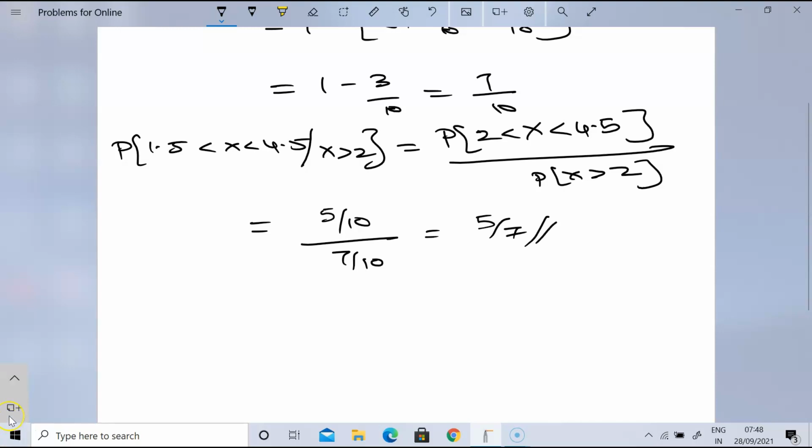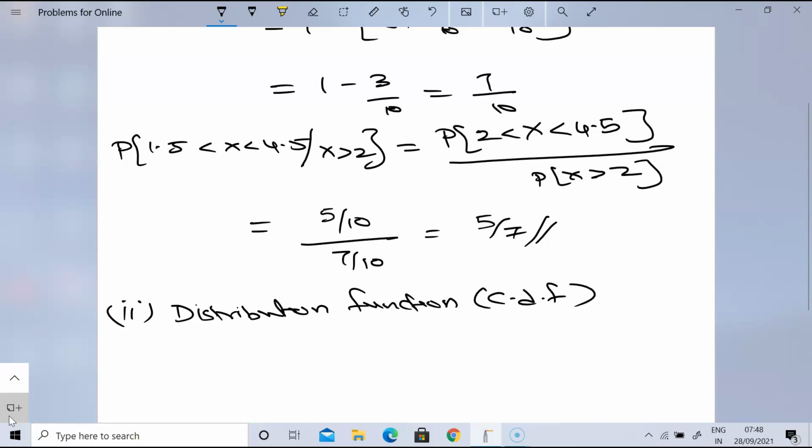And the next, the third, I will leave some part. The third problem is called the distribution function. Sometimes we use the word CDF, cumulative distribution function. Its rule is F of x is equal to probability of X less than or equal to x.